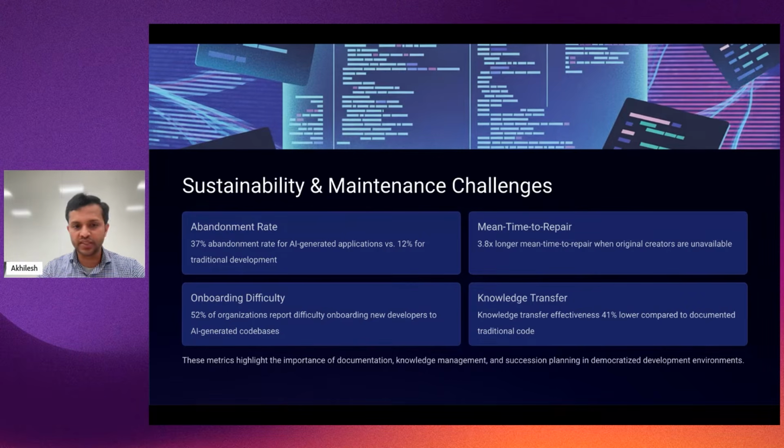Versus just 12% for traditional development. And we wanted to figure out why, right? I think once somebody gets to a working state, they need to spend effort and time on getting it into production, finding a fit for your users, and working on that.